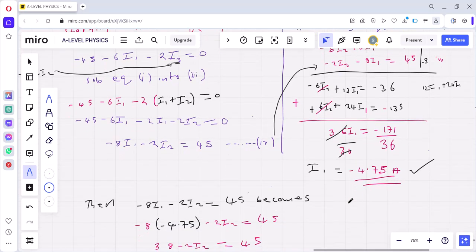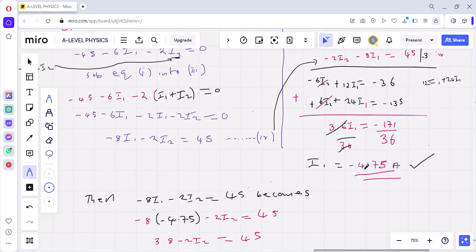Then after that, we can take this and substitute it in one of the equations that we used to solve for I1. So we can substitute into equation 4 or equation 2. If we use equation 4, then substituting for I1, what will we have? We have negative 8 times negative 4.75, where we are putting our value for I1.